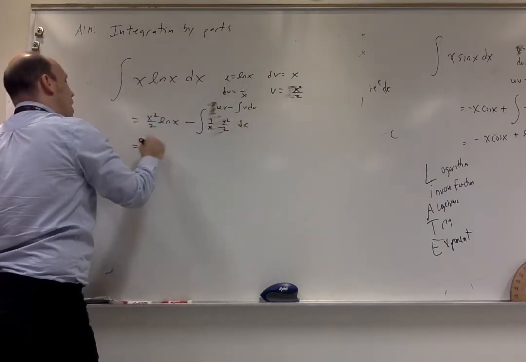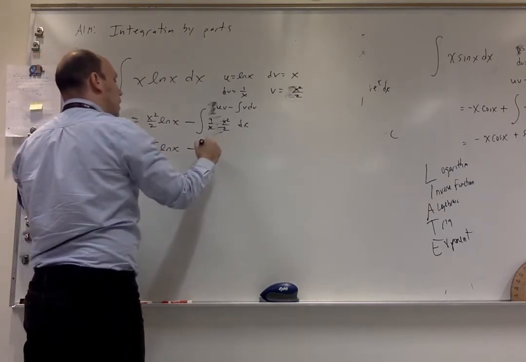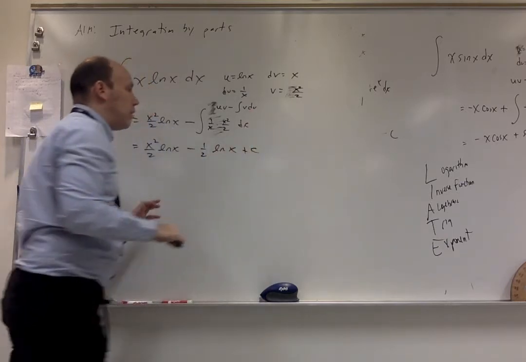Final answer: x squared over 2 ln of x minus 1/2 x squared, I mean, minus 1/4 x squared plus c.